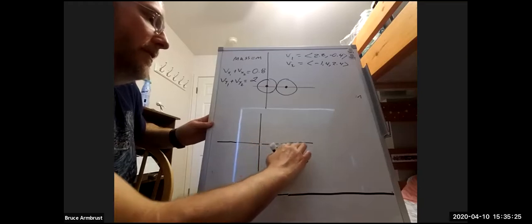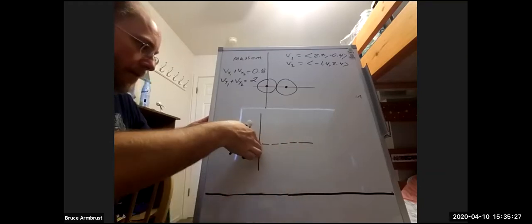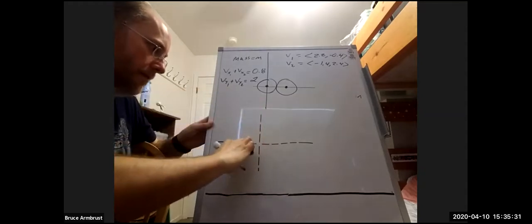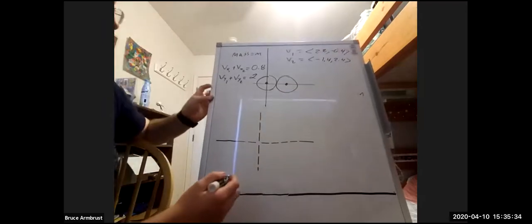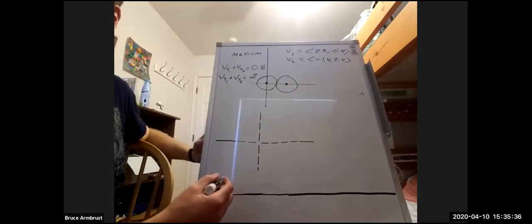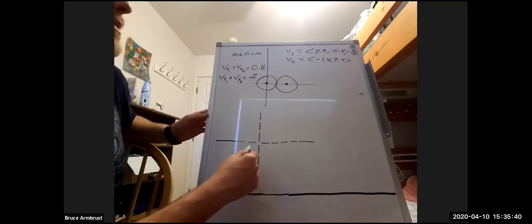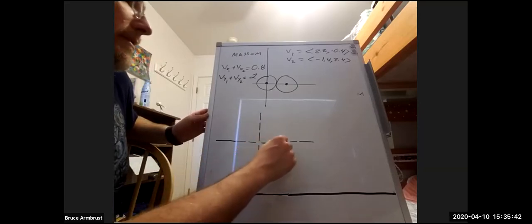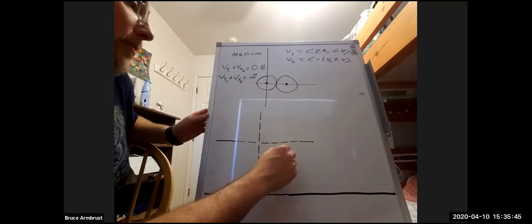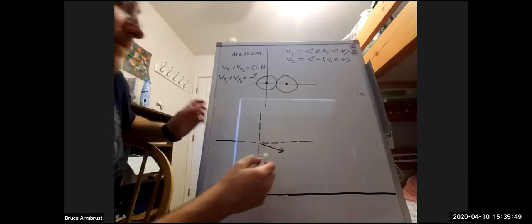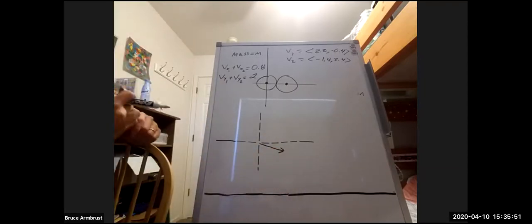So I'll even try to do this little trick where I have the same lengths on my axes. So this guy is going at 2.2, so right 2.2 and down 0.4. Looks something like that. So that's our velocity vector as we come in.